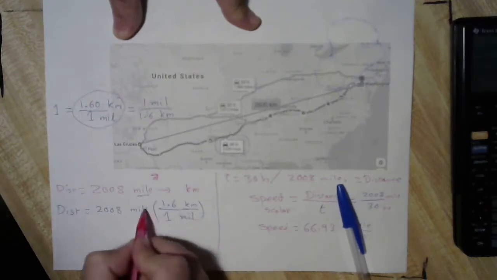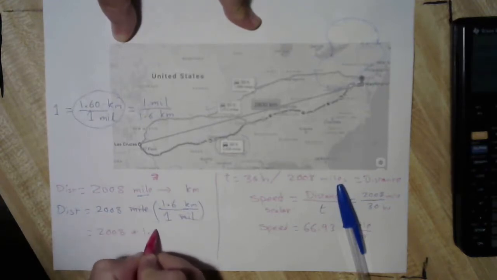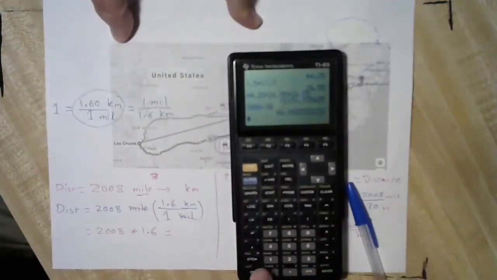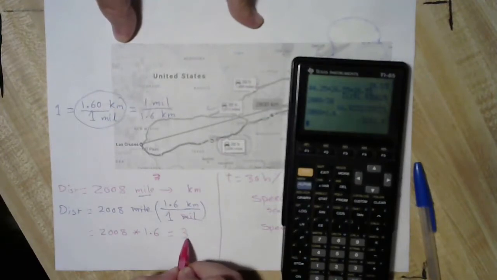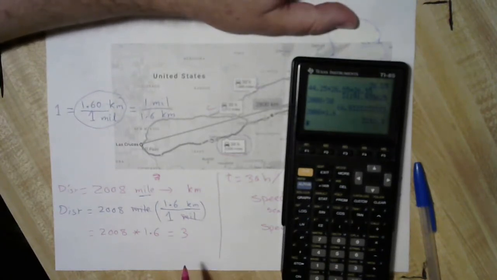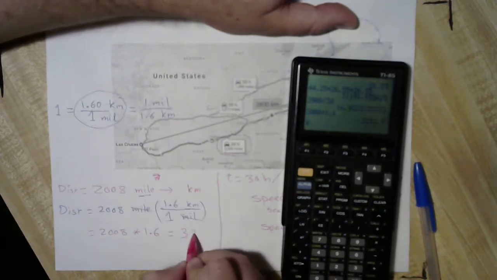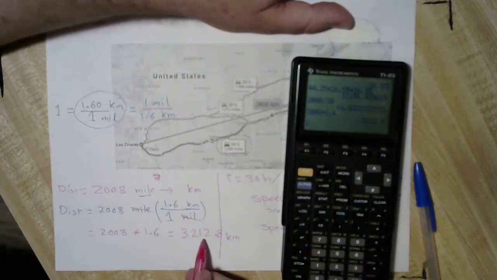So easily I can cancel this with this, and I have the final value multiplied by 1.6, which is roughly 3,000 and 280 kilometers. So it is 3,212.8 kilometers.